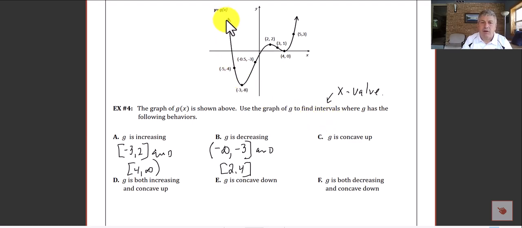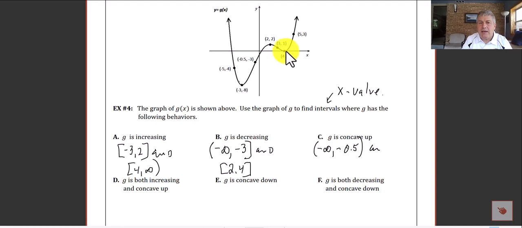Where is G concave up? Well, it's concave up from -infinity to about -1/2. It looks like here, about this point at -1/2, our graph goes from concave up, and now it starts moving concave down. So we'll say it's concave up from -infinity to -1/2.